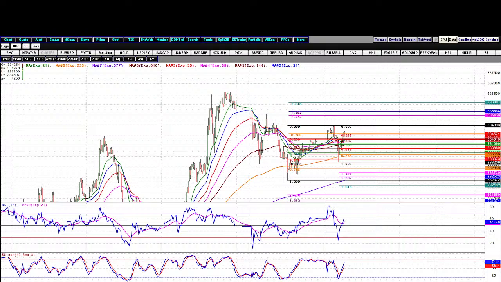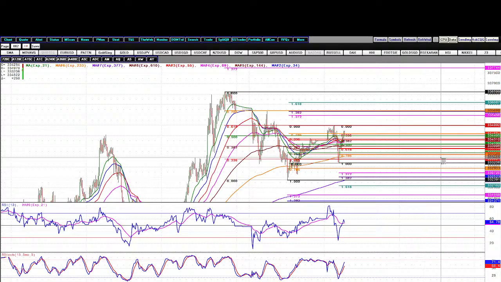Lot size 0.2, then 0.4 and 0.8, or you can go for 0.1, 0.3 and 0.5. Okay, I'll let you decide.